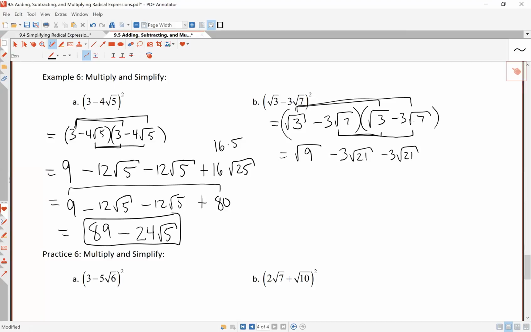And negative 3 root 7 times negative 3 root 7 is positive 9 root 49. This gives us 3 minus 3 square root of 21 minus another 3 square root of 21 plus 9 times 7. So this gives us 63 plus 3 is 66 minus 6 square root of 21.